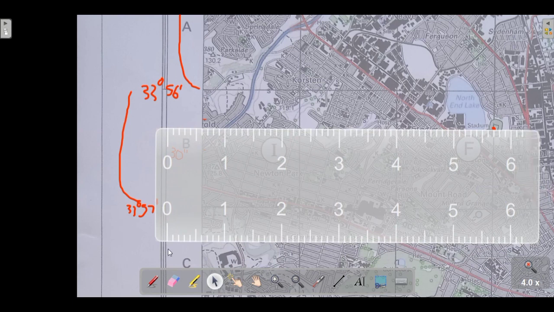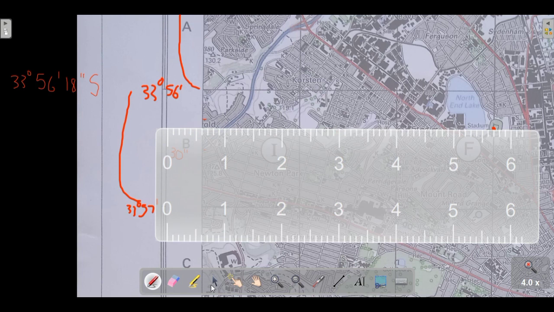So it's 33 degrees 56 minutes, at the 56th minute, and if this is 15, it should be 18 or 19. I'll say 18. So 18 seconds south. That is our latitude.